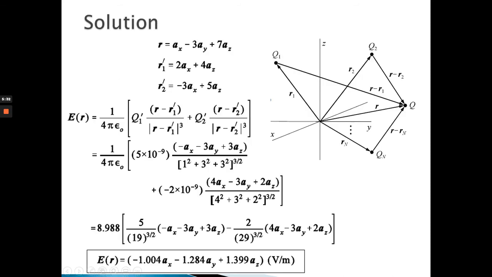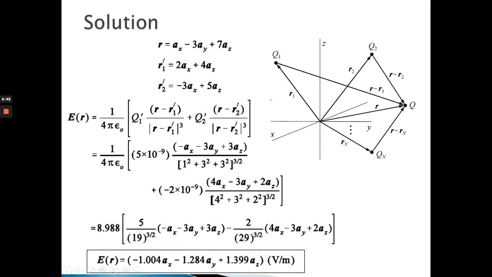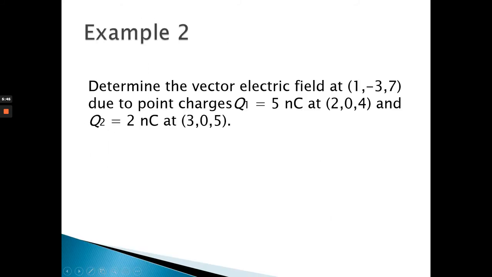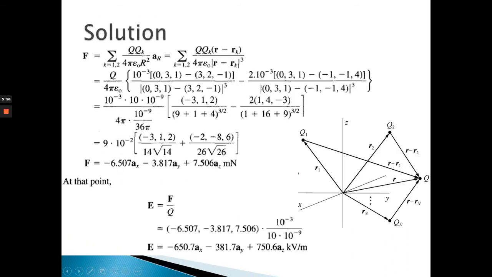R1 dash is 2AX plus 4AZ, right? And R2 is 3AX plus 5AZ. So now we know these, and then we apply them in this formula.